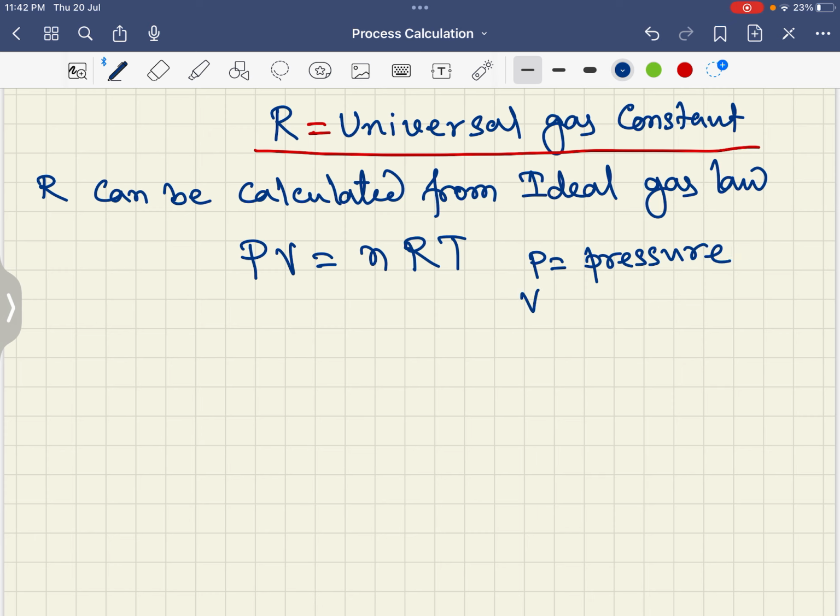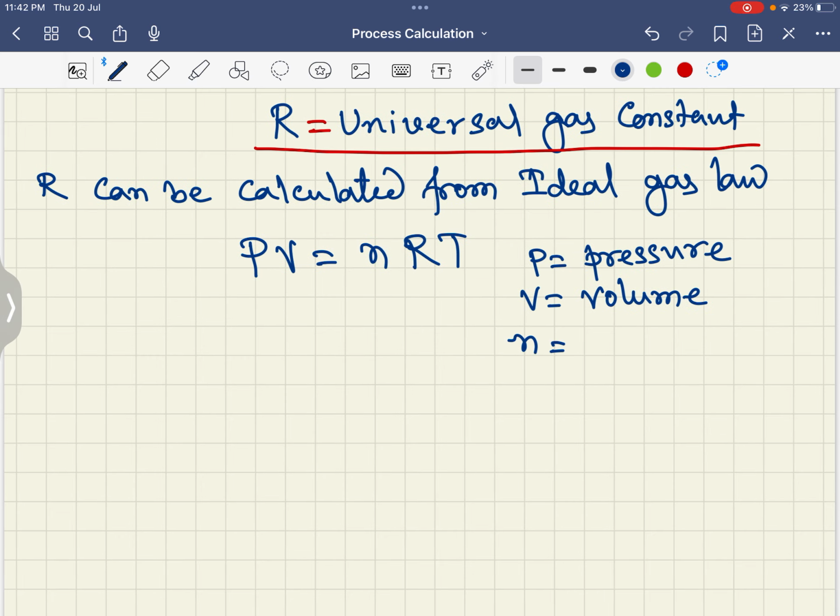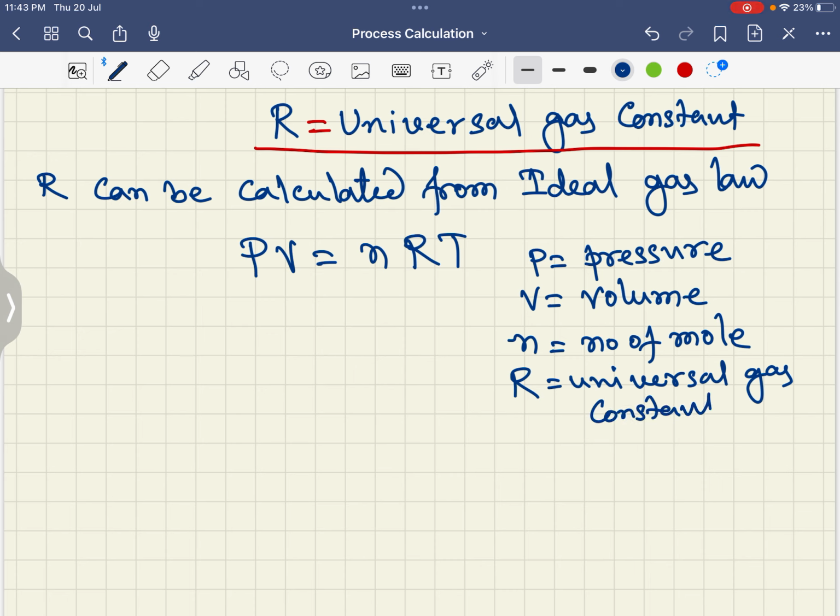What is V? V is volume. What is N? Number of mole. What is R? Already know. Universal gas constant. Now what is T? T is temperature.